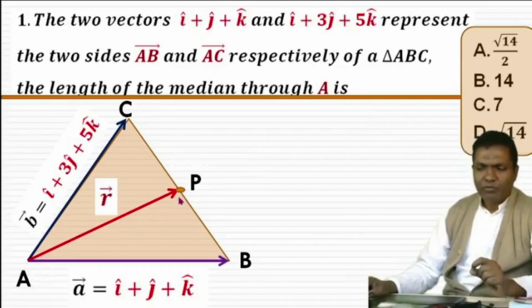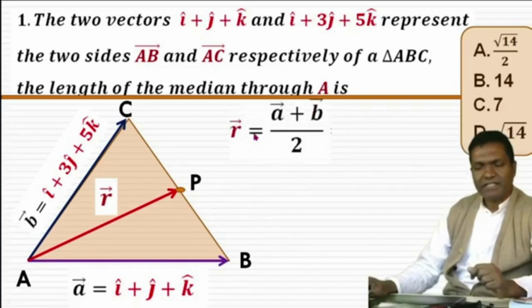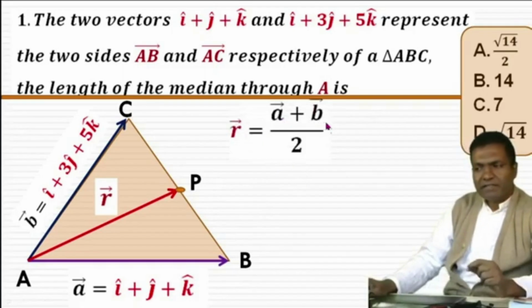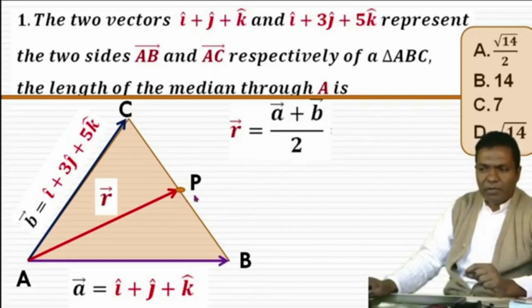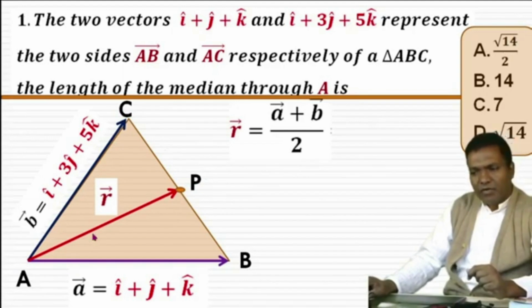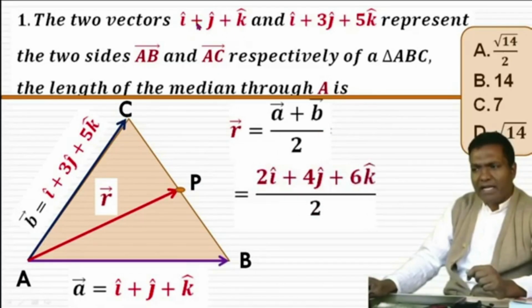As we all know, the position vector of the midpoint of a line joining two points is given by vector R equals vector A plus vector B by 2. So find this A plus B by 2. When you add A and B, you will get i plus i, 2i, j plus 3j, 4j, and k plus 5k, 6k, divided by 2.